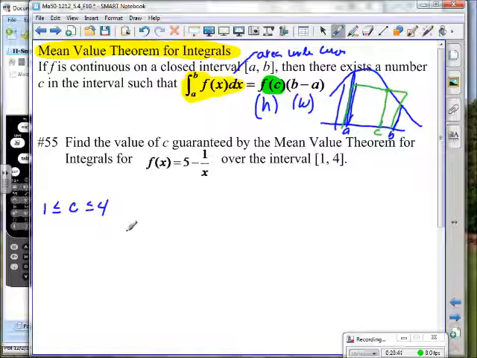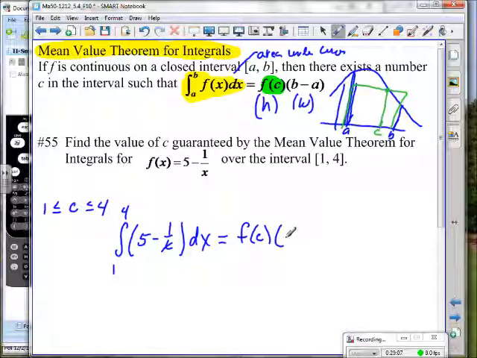Okay, so we're going to talk about the integral from 1 to 4 of what? 5 minus 1 divided by x. Am I done? dx. And that has to have the same value as what? f of c times 4 minus 1, or 3.